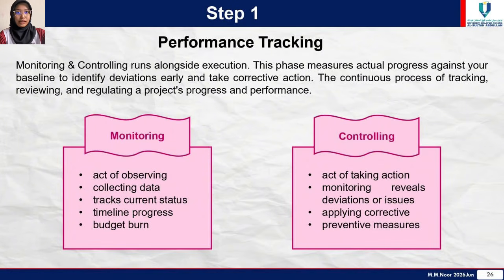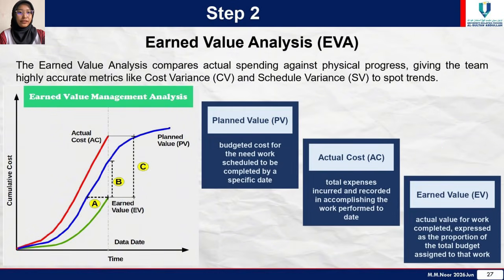In monitoring, we act by observing, collecting data, tracking current status, timeline progress, and budget burn. While in controlling, we act by taking action on monitoring review or deviation or issue, and applying corrective or preventive measures.